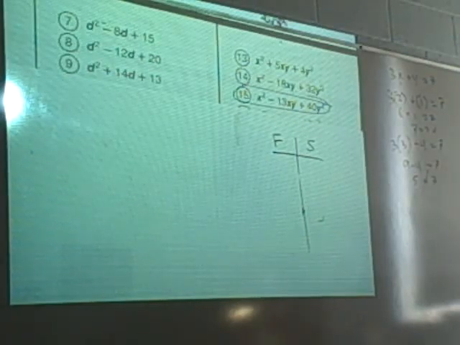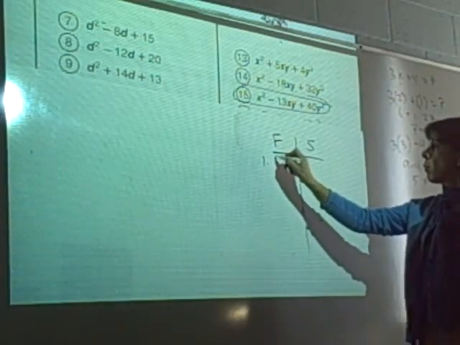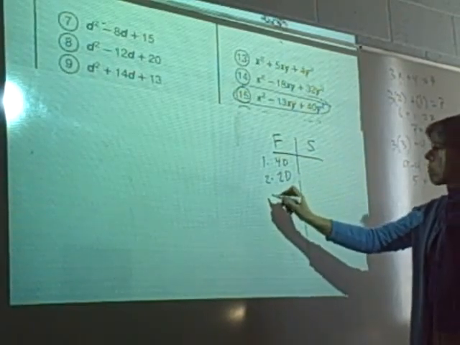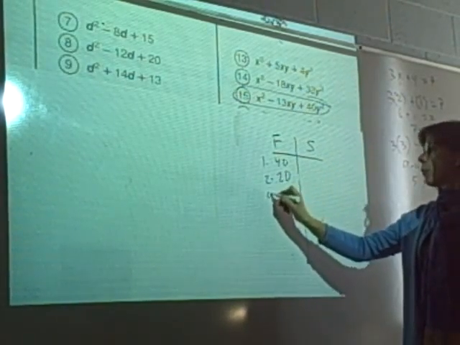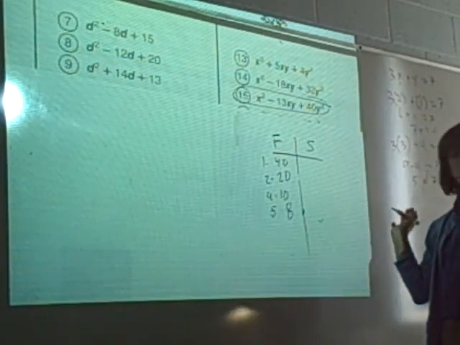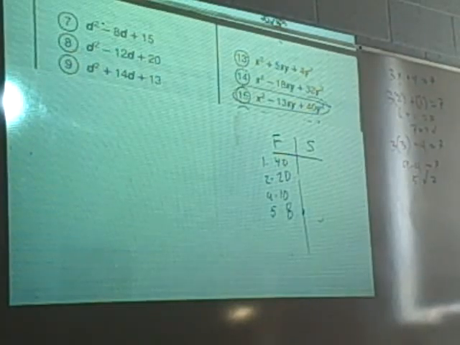So I'm looking for the factors of 40 that when combined work: 1 and 40, 2 and 20, 4 and 10, 5 and 8. Do I need to go any further? Am I good with 5 and 8?